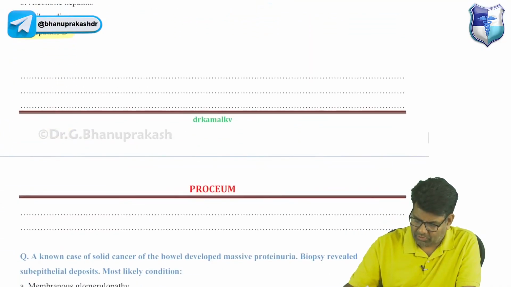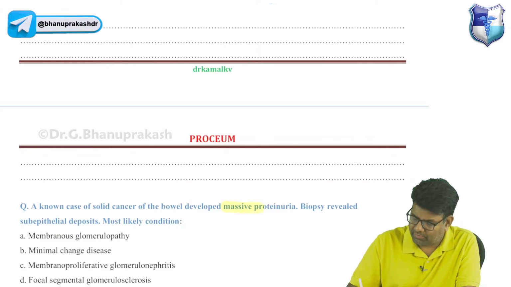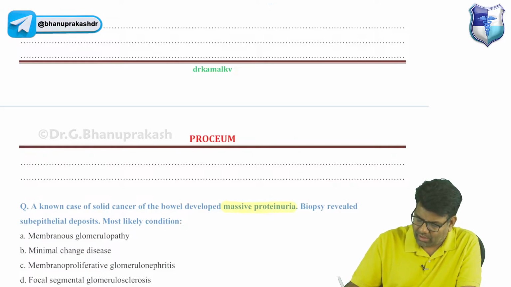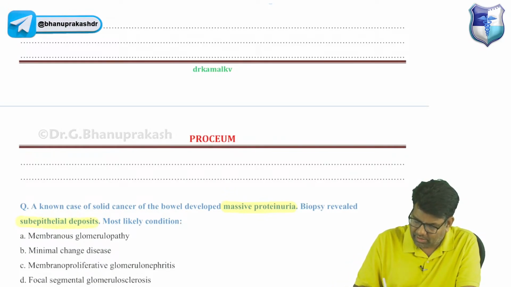Next question. A patient with cancer of the bowel developed massive proteinuria, and there are subepithelial deposits.